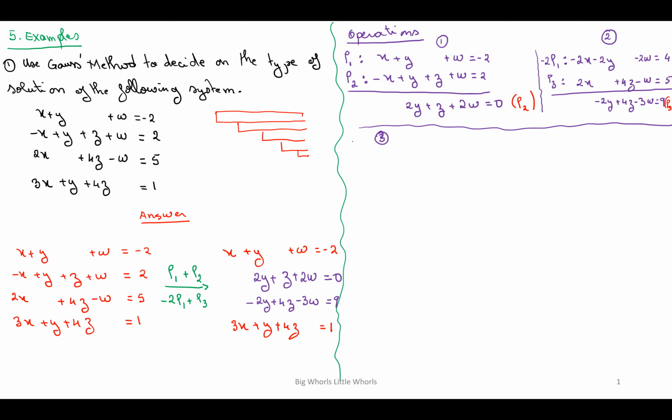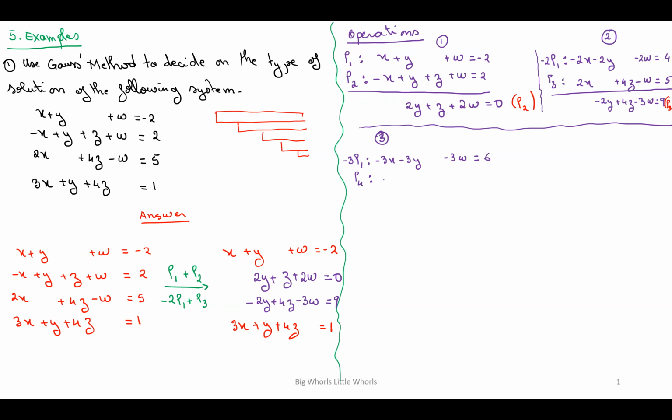So what I have to do is minus 3 times row 1, which is equal to minus 3x, minus 3y, minus 3w equals 6. And row 4, I have to write it the way it is.